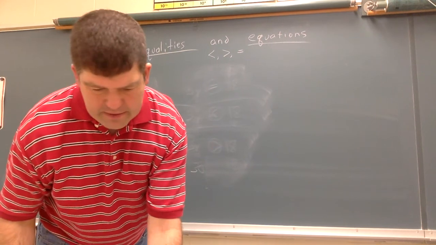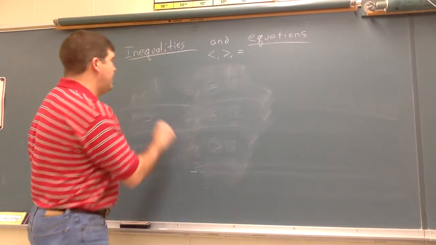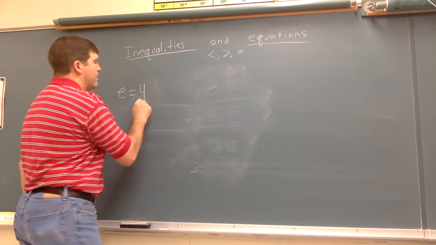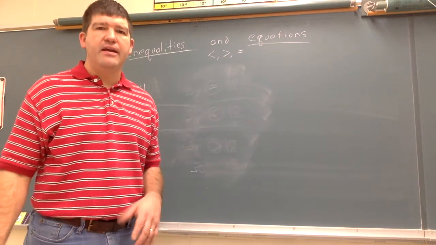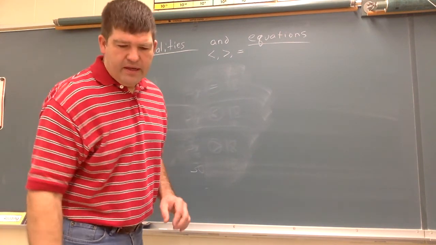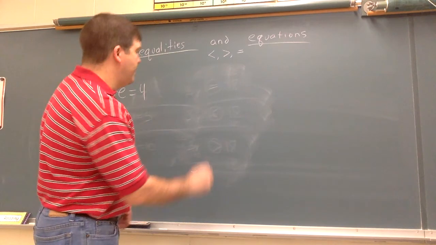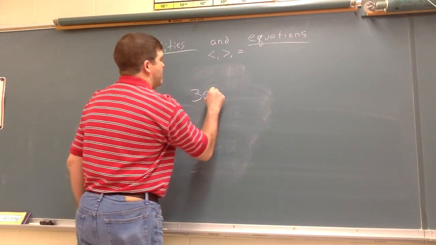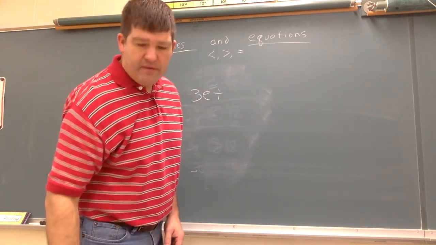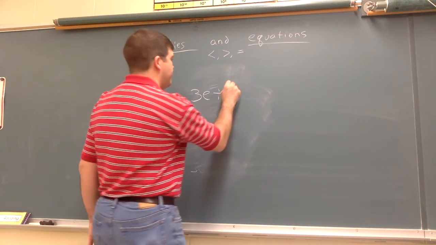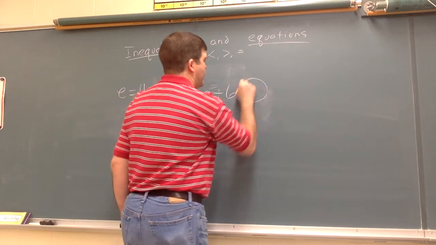Let's do when e equals 4. Okay, so the variable e has the value of 4. And here's what we have. We have 3e divided by 6 something.